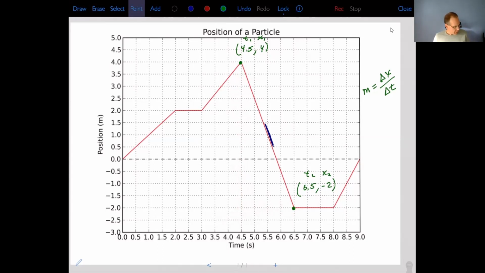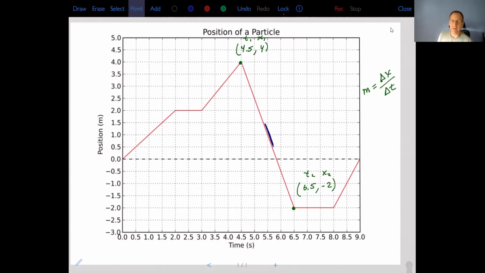Okay, what about the next question? It's question C. Is the particle ever moving backwards? How do we know if it's moving backwards? It'd be moving backwards if the slope is negative, because the velocity tells us the direction. If the velocity is positive, it's moving in the positive x direction. If the velocity is negative, it's moving in the negative or backwards x direction.